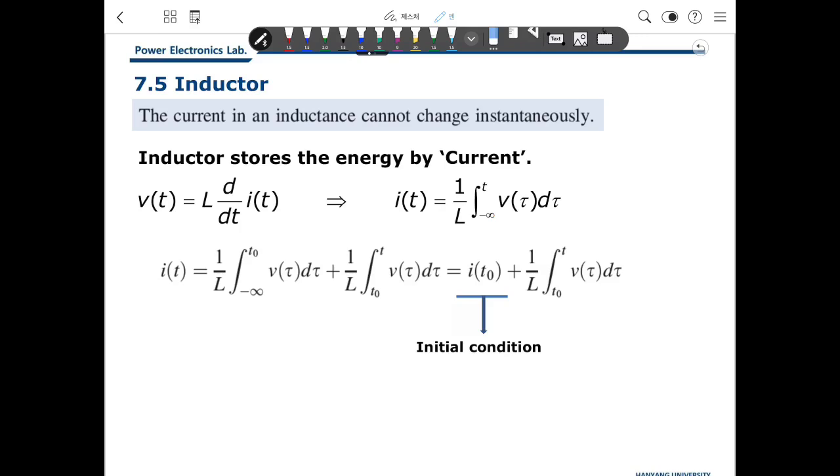So the current in the inductance cannot change instantaneously. That means the current in the inductance is continuous.